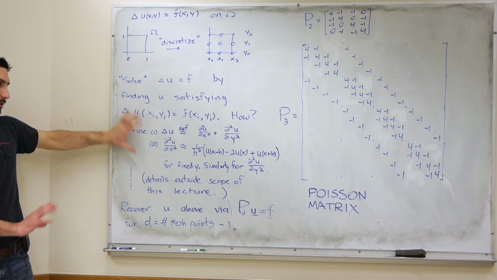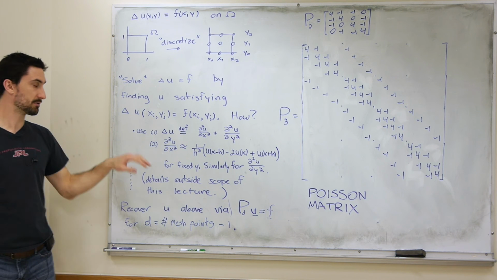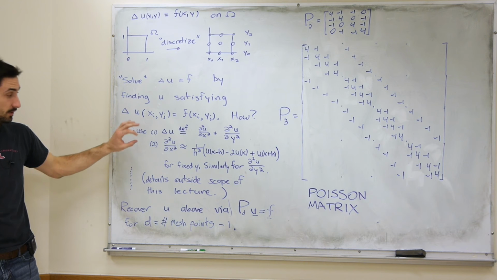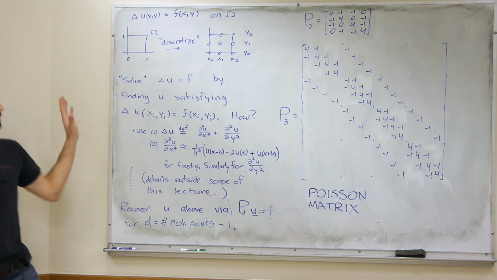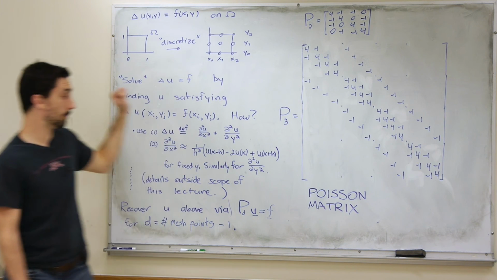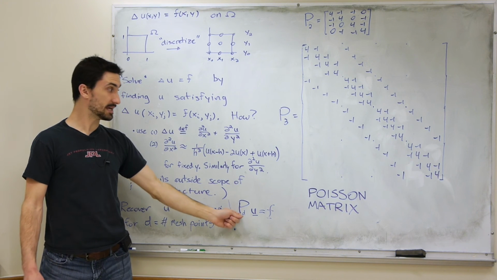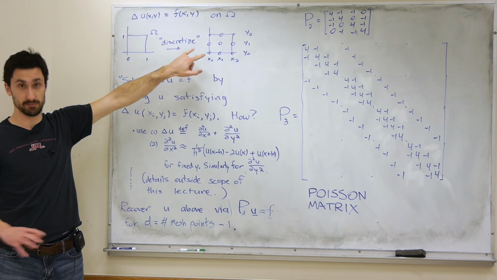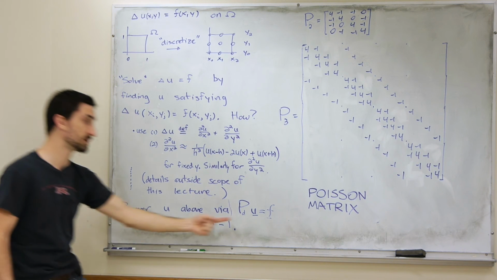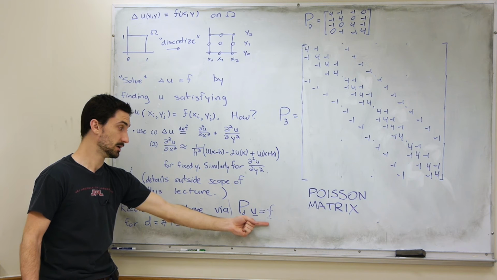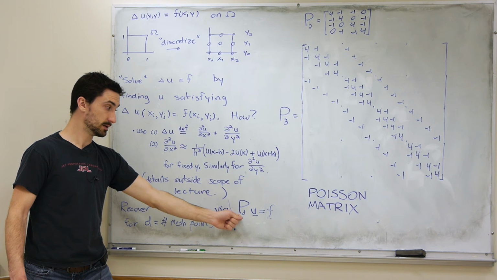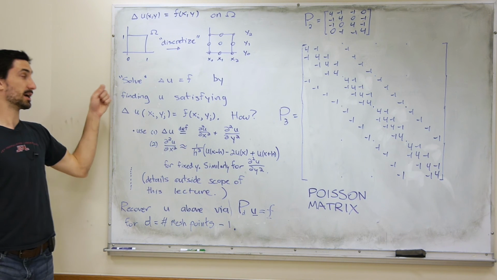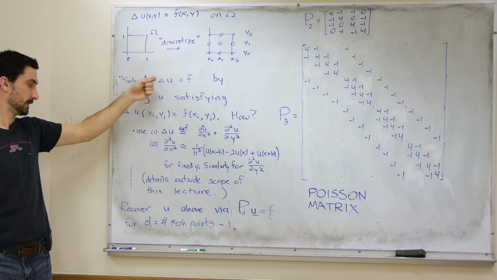I don't want to focus too much on these details. We want to get to the linear algebra, but using this method of approximating the Laplacian of a function, we generate a matrix equation where P is the matrix you see over there, and the dimension of the matrix depends on the dimension of the grid points. So we're solving this matrix equation with a Poisson matrix P, and we're going to recover a vector u that will give us the approximate values of our function u.